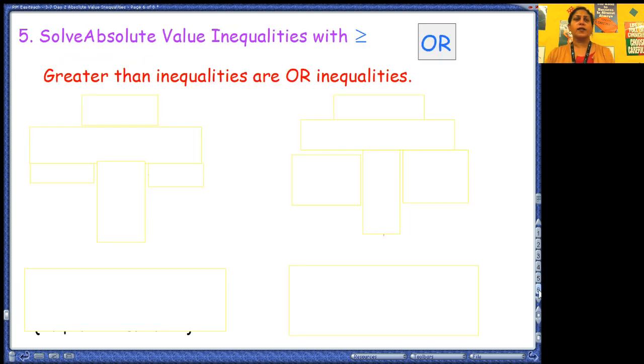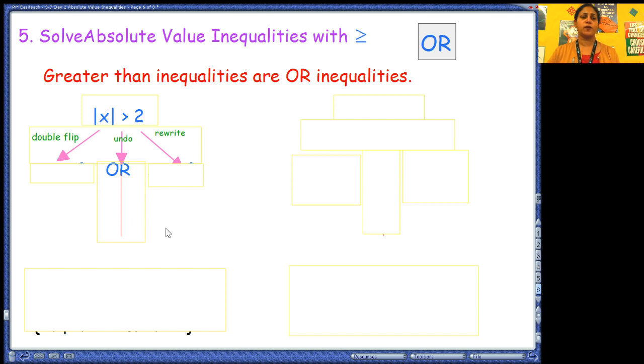Now, solving absolute value inequalities with greater than, it's similar, but the only difference is you're going to use the word or. So our first inequality says absolute value of x is greater than or equal to 2. Again, we're going to do the same process. We're going to undo the greater than by using the word or.